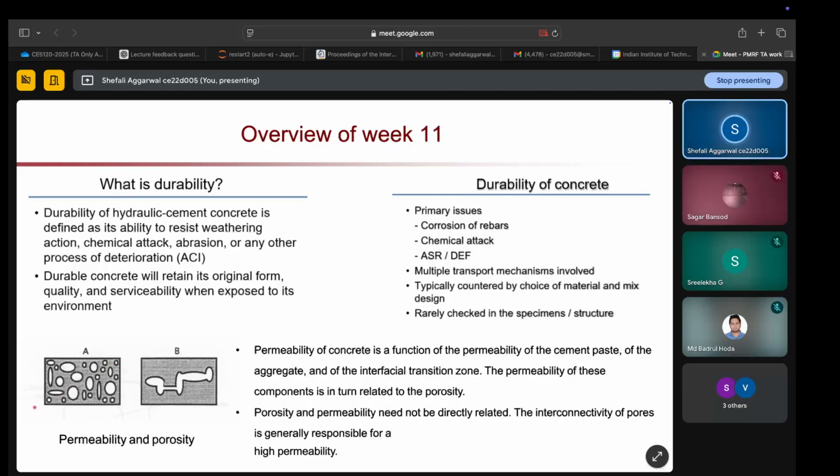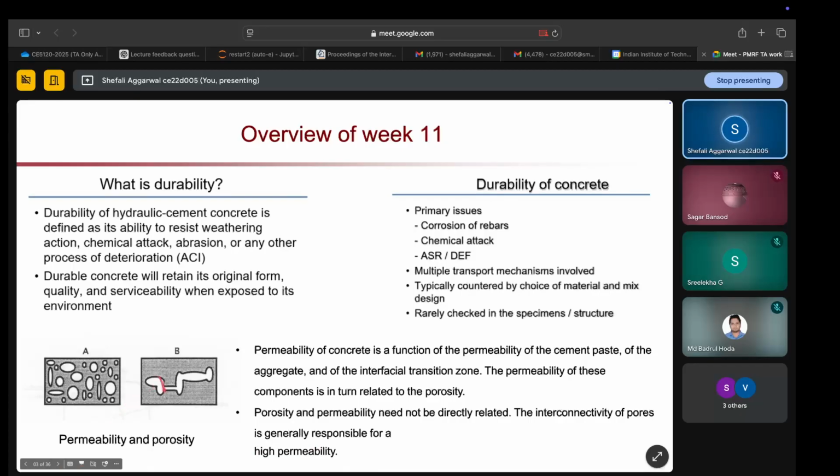The permeability of these components further relates to the porosity of the concrete system. Your pore structure defines your permeability, and combined it will define the porosity of your concrete system. They are not directly interconnected. However, the interconnectivity of pores is generally responsible for high permeability.